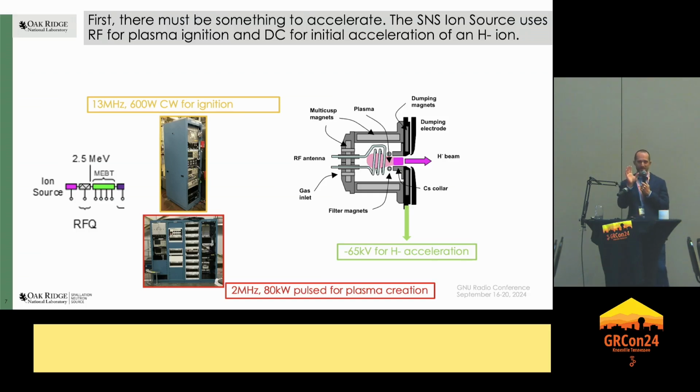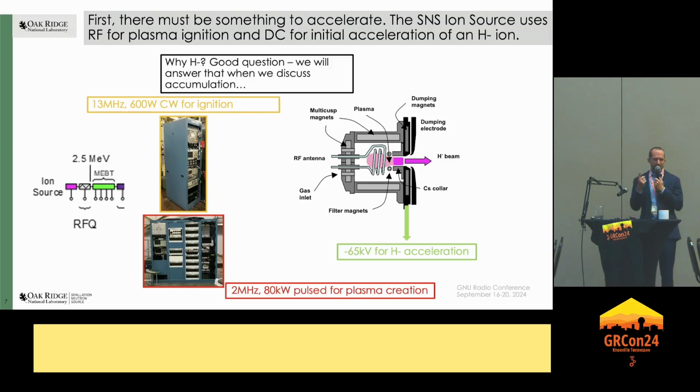As these hydrogen ions interact with a cesium collar, we heat that collar up, and cesium gives off electrons to the hydrogen very easily. It becomes a negatively charged ion, and then the 65 kV quite literally pushes the ions out into the accelerator.